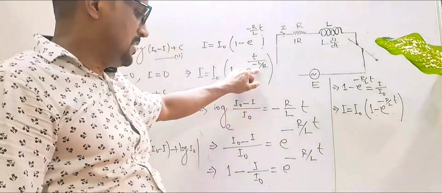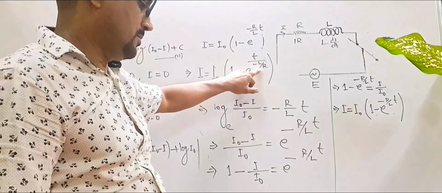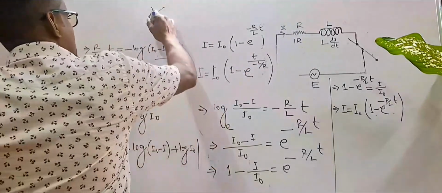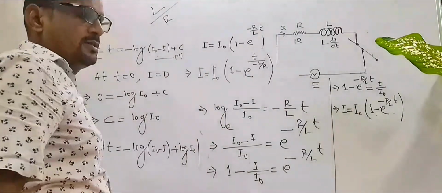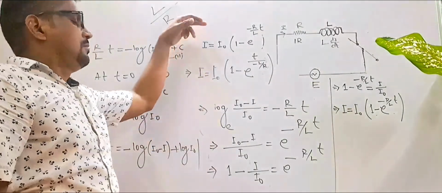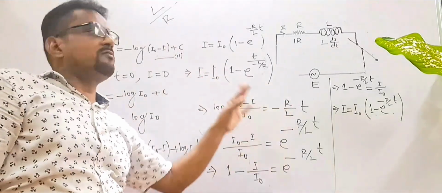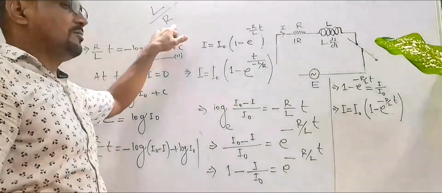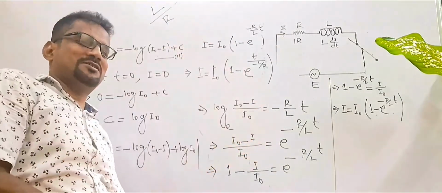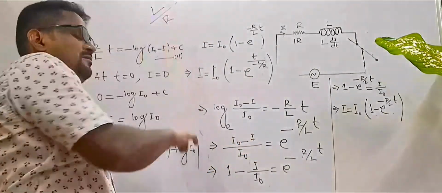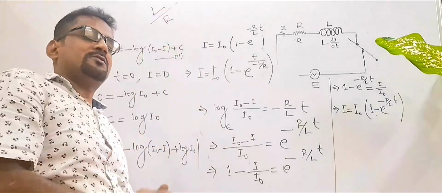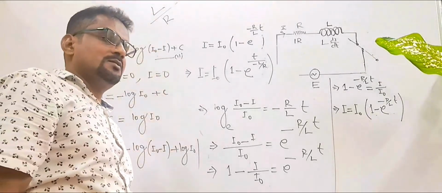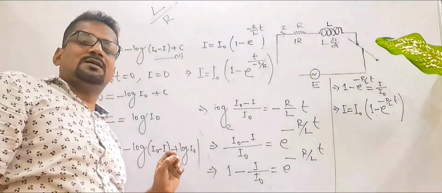This minus L by R term: L is the inductance, R is the resistance. If you check the dimensional formula, or simply the units of inductance and units of resistance, and take the ratio, you will get the dimension of time. This ratio L by R represents time only. What physical quantity? Time.